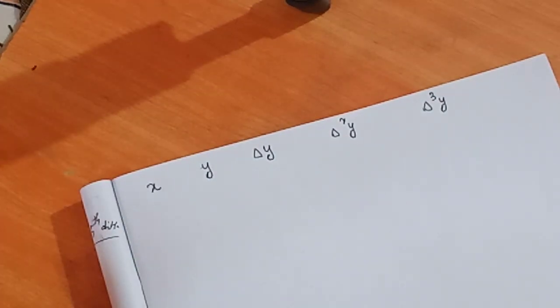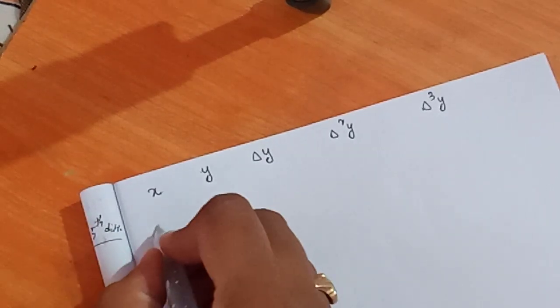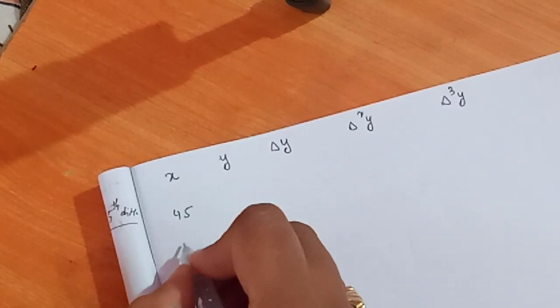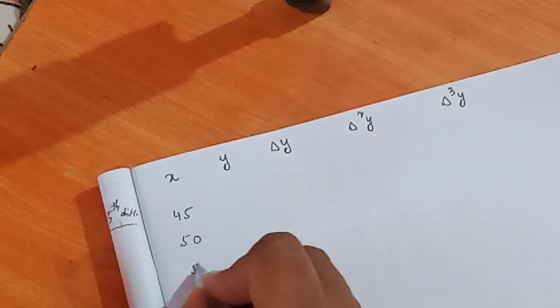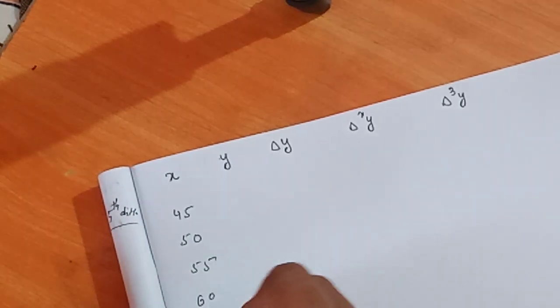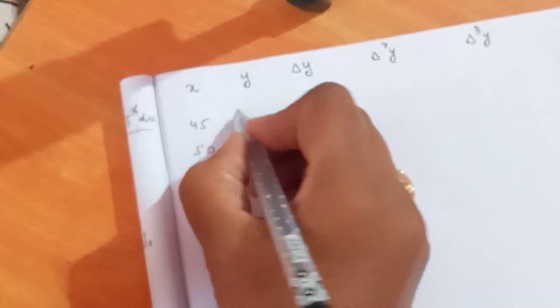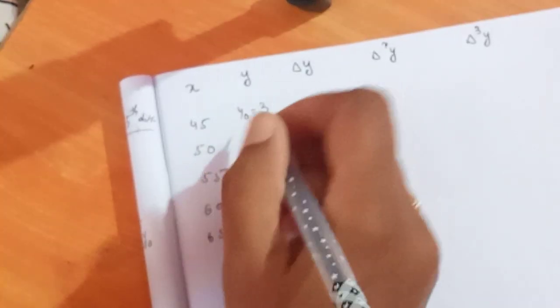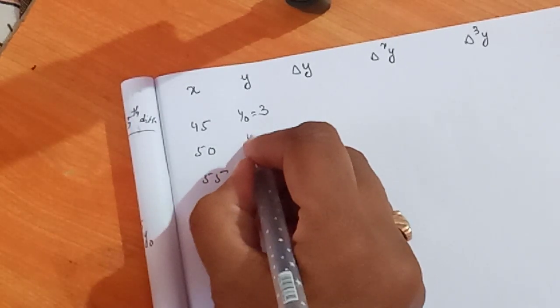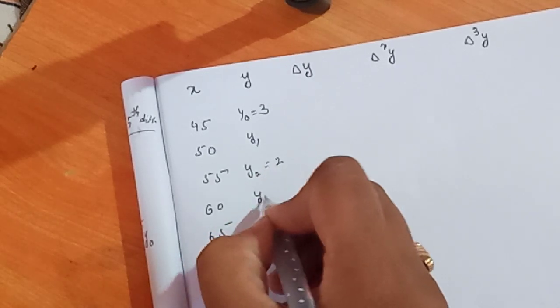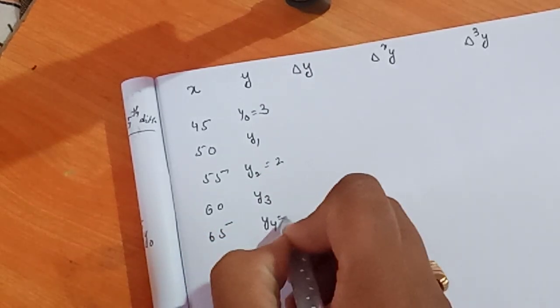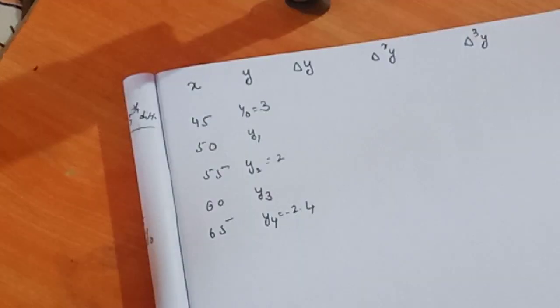The x values he gave, I am writing down here: 45, 50, 55, 60, 65. Now the y values he gave: y naught equal to 3, next y1 is a dash, y2 is 2, again a dash for y3, and y4 is minus 2.4. Now y1 and y3, the missing values, we have to find.